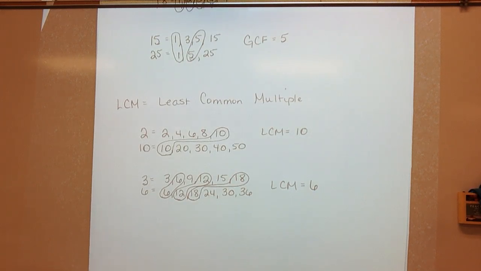You might have a number that's huge, and you're not going to want to sit and list all of the factors or all of the multiples. You may have two numbers that require you to write 20 to 25 multiples before you even find something they have in common. So I want to show you a second method on how to find GCF and LCM.